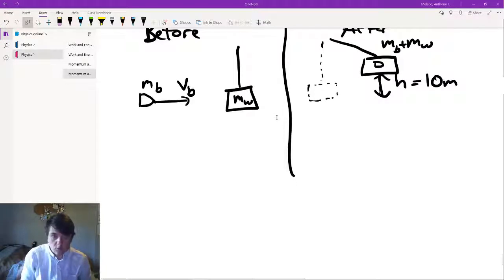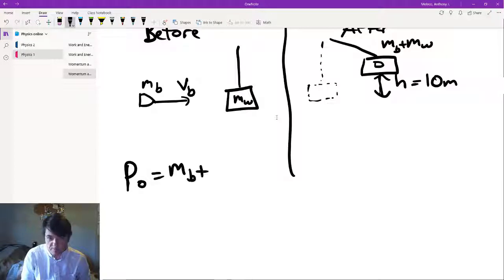So we have our before and our after. Initially, this mass of wood's not moving, right? Not moving at all, but this guy is. So your initial is just MB plus VB. Our final is going to be this guy. So right after the collision, it's going to collide, and then it will move.